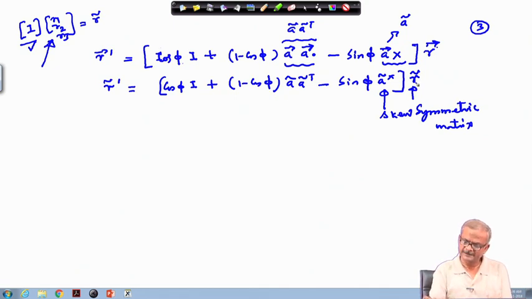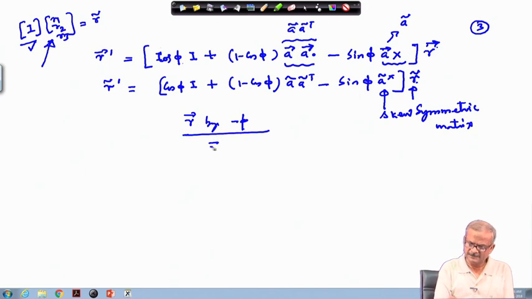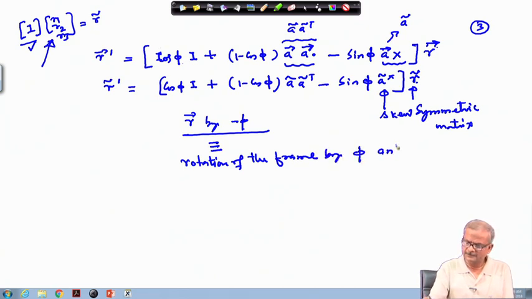This is indicating the rotation of vector r by minus phi, and this is equivalent to rotation of the frame by phi, which is anti-clockwise, and this is clockwise.